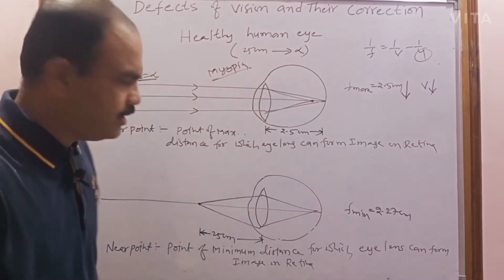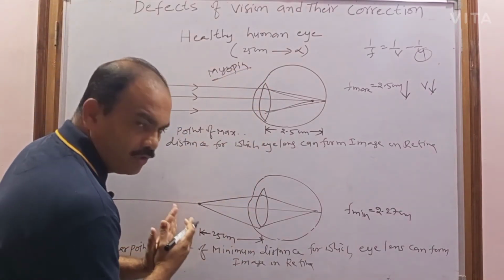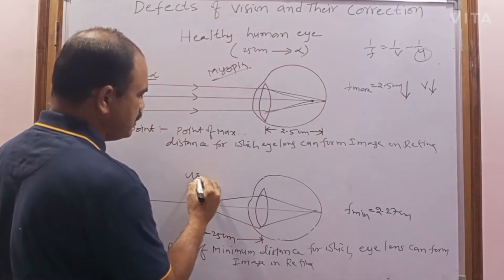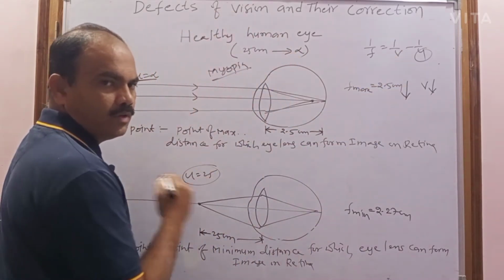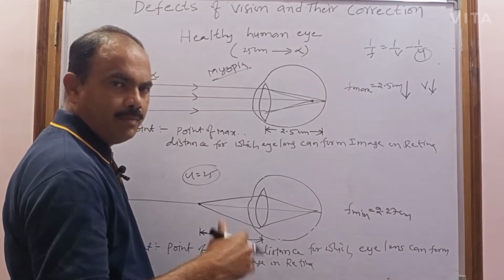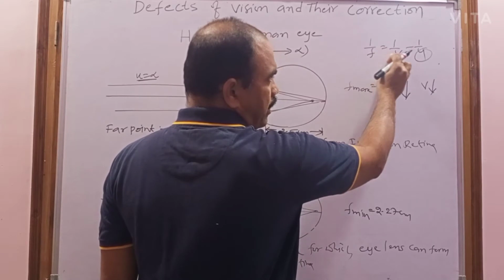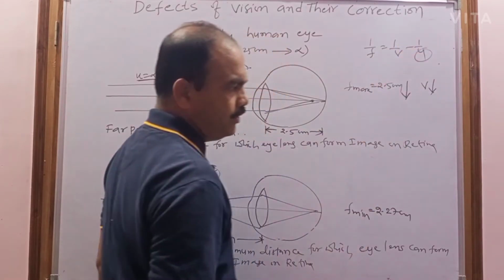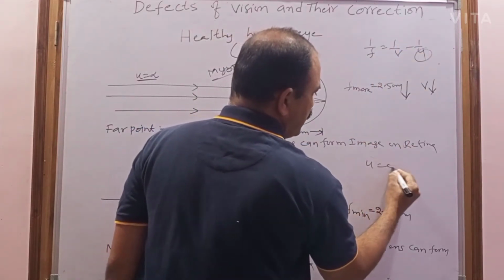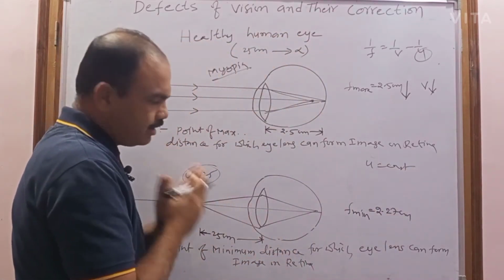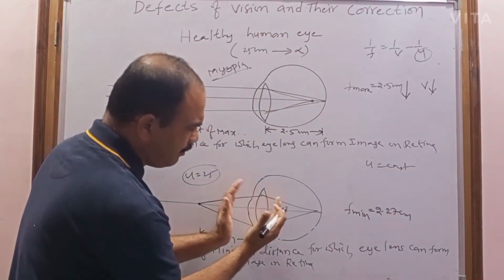And in some cases, if the object is at 25 centimeter, we are not changing the object distance. If the ciliary muscles lose their ability for accommodation, then according to 1 by f equal to 1 by v minus 1 by u, u is constant and they cannot adjust the focal length.